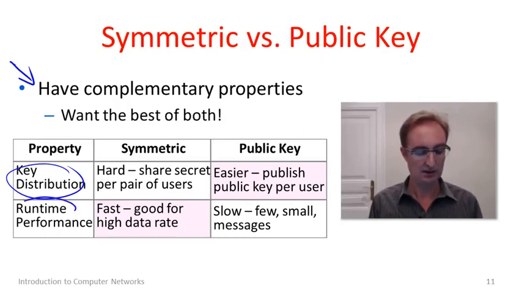Well, the flip side of this is this other property, runtime performance. Now, it turns out that symmetric key encryptions that mangle bits are relatively fast. These days you can encrypt with symmetric key schemes quickly enough to be able to send data at high rates over the internet, all by doing it in software.